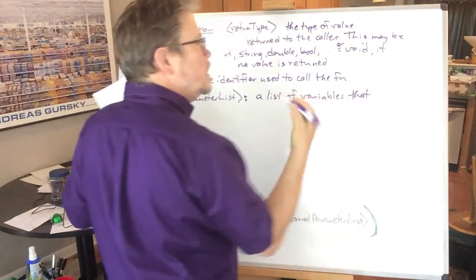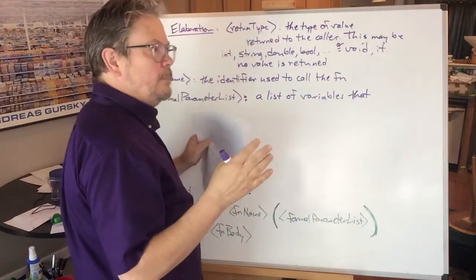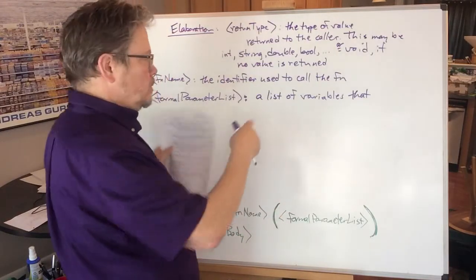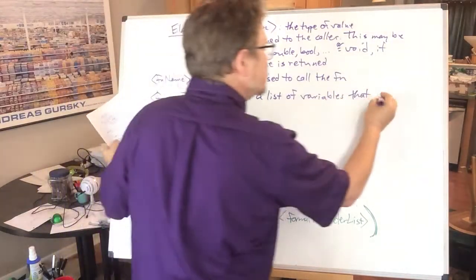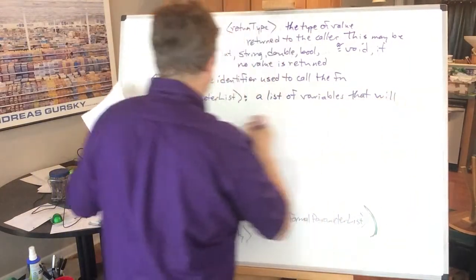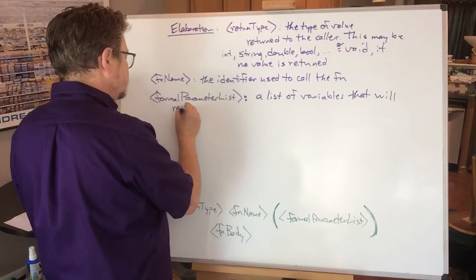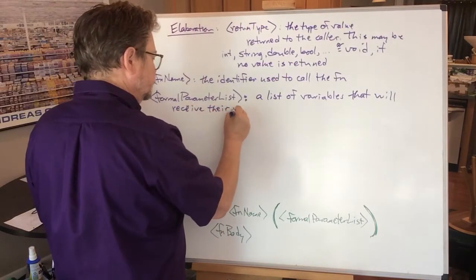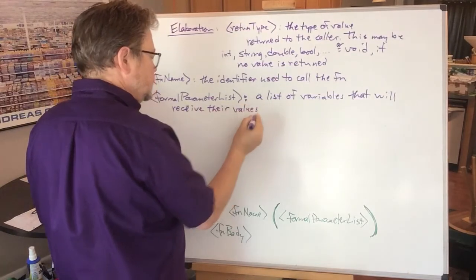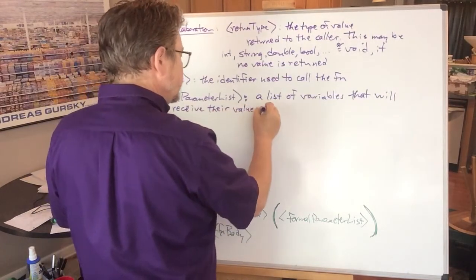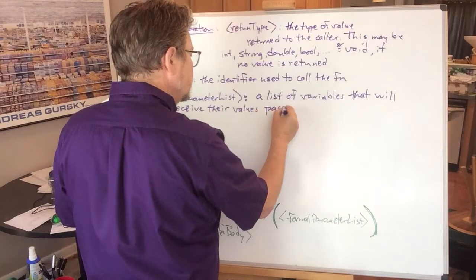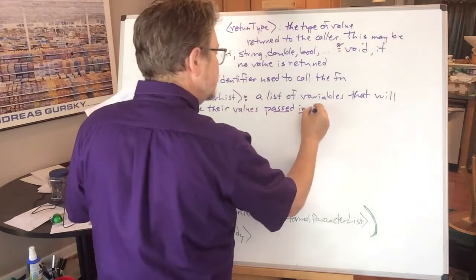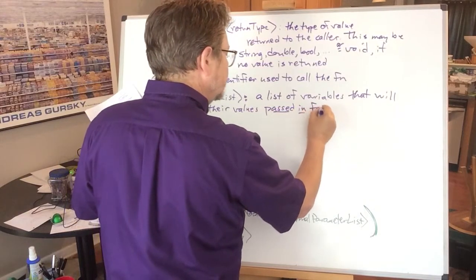I'm going to say "will," act like it's in the future, because when we type in the function, it's not even necessarily going to execute. It won't execute until the main program calls it. So a list of variables that will receive their values, and I'll use the term that's used, will receive their values passed in to the function, passed in from the caller.